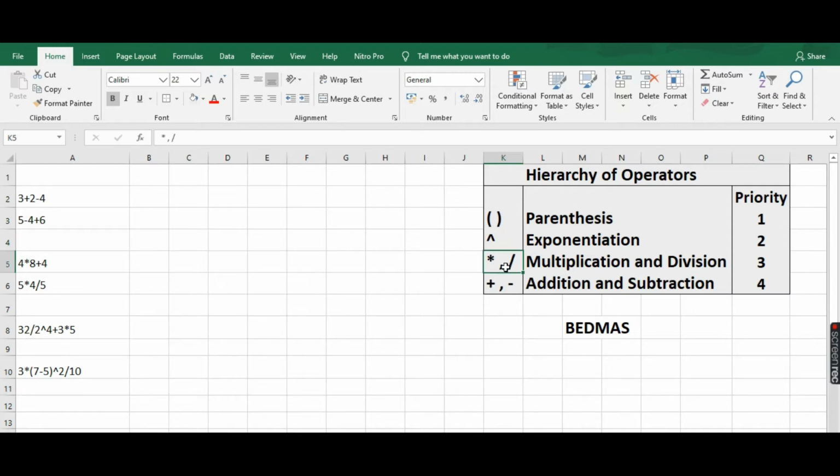Multiplication and division both have the same precedence. So, if a formula contains both multiplication and division operators, then MS Excel evaluates these operators from left to right.